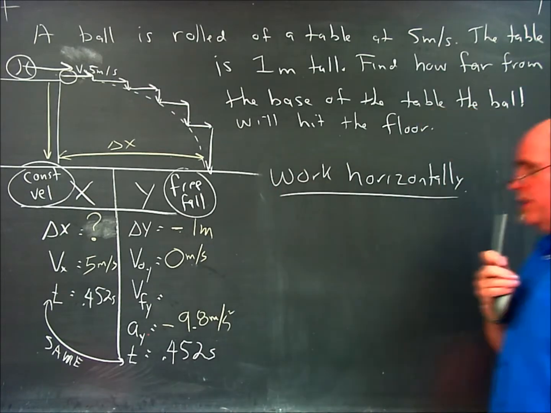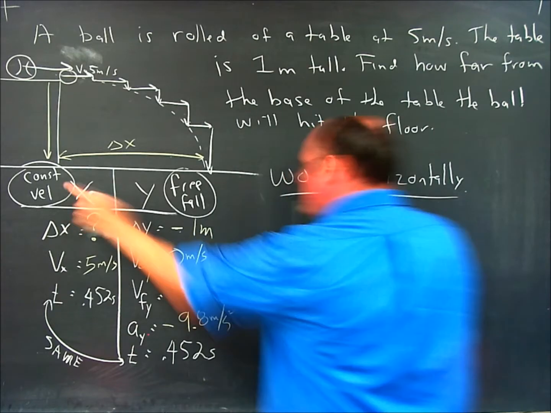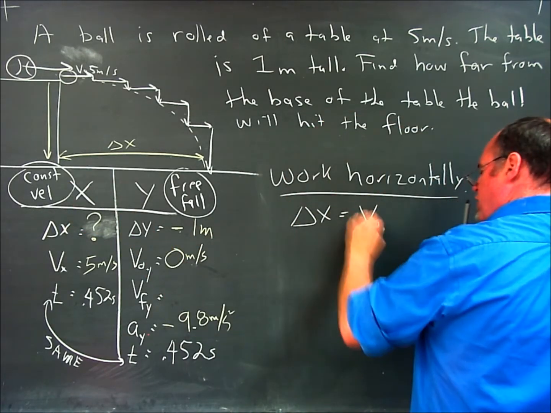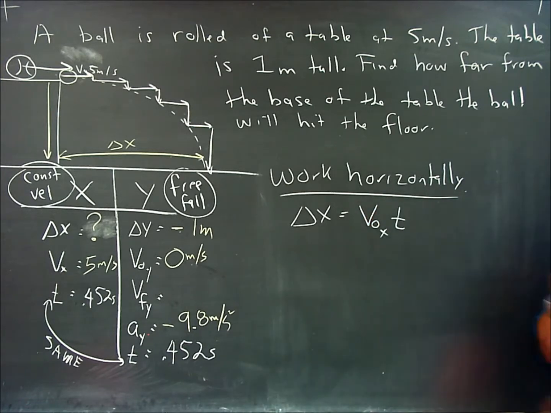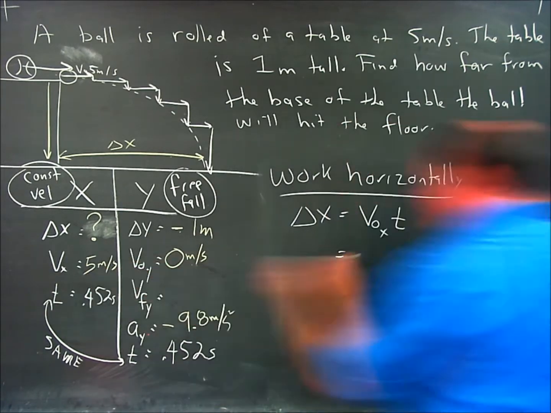So if I work horizontally, there's only one formula that I know of when we talk about a constant velocity. That formula would be delta x equals v initial in the x direction times the time. Okay, that's it. So I do know what v initial is. V initial in the x direction is 5 meters per second.